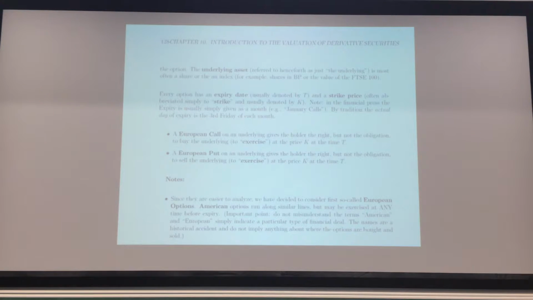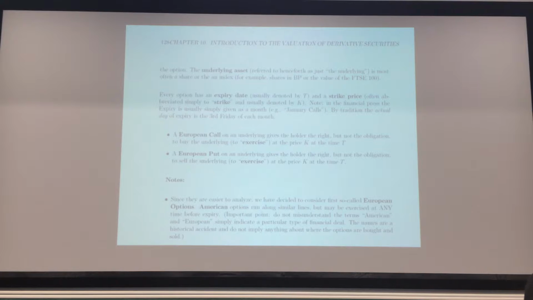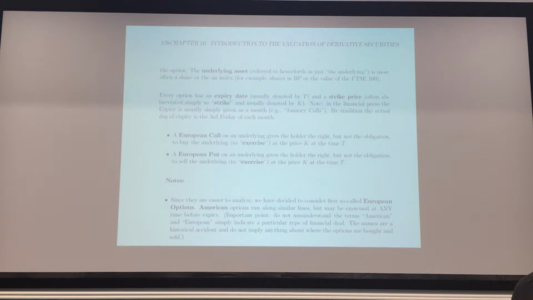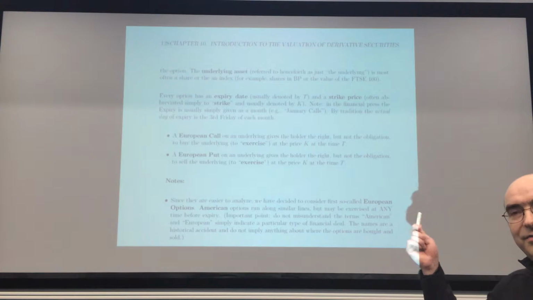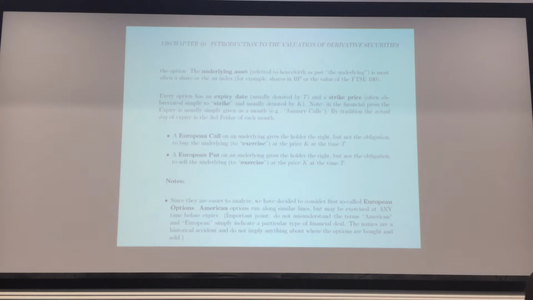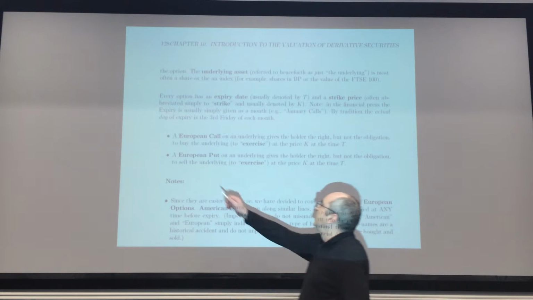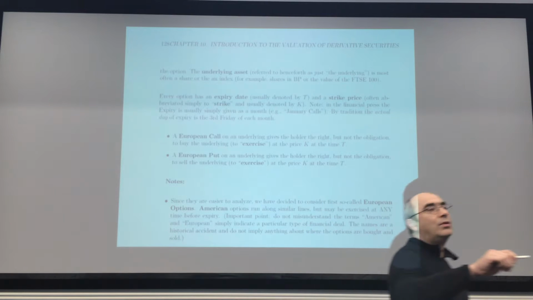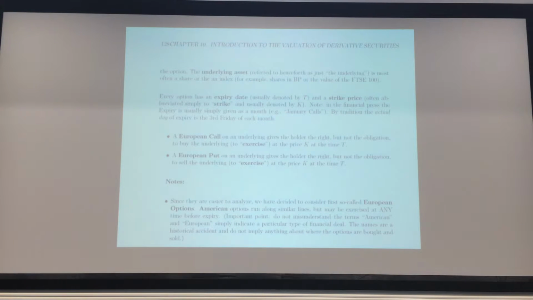So basically, it's more of a one-sided deal. If you come to me, I have to sell you my house. But if you don't come to me, there's no consequence for you. The only consequence we'll see later on is you'll have lost your money for buying the premium up front, for buying that option, but that's the only cost. So generally you buy a call when you think the price is going up.